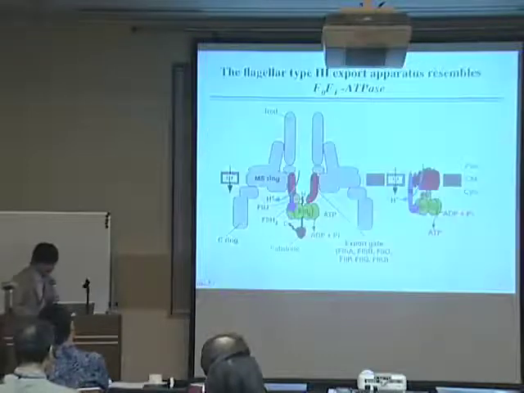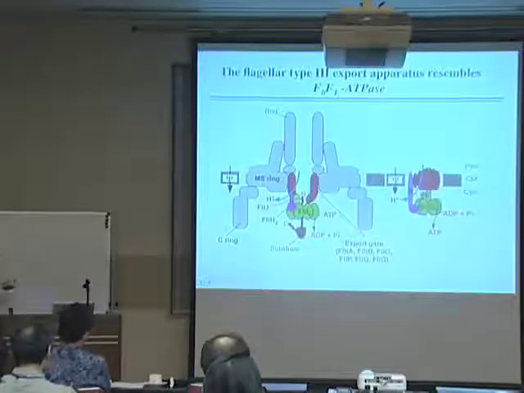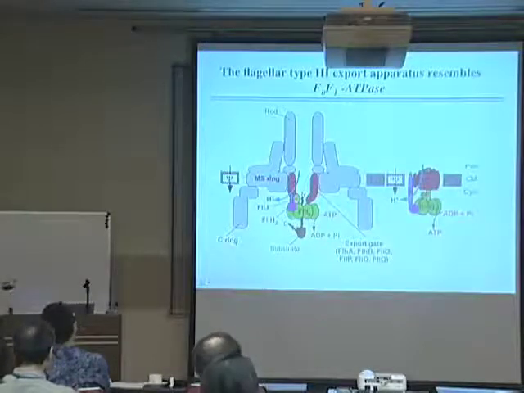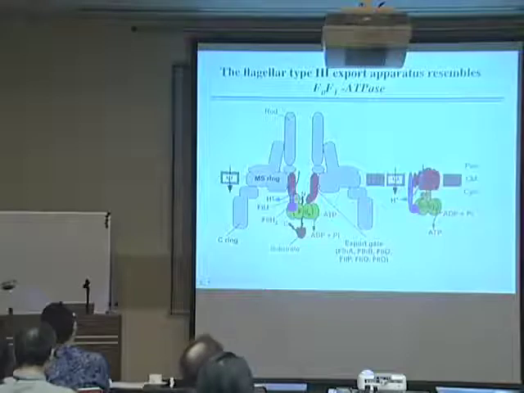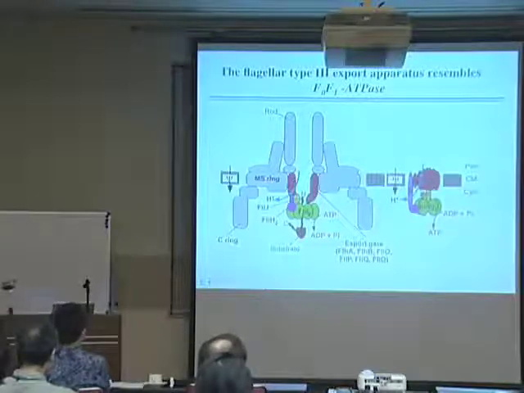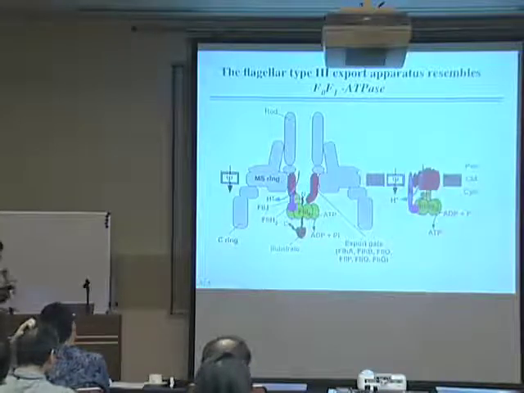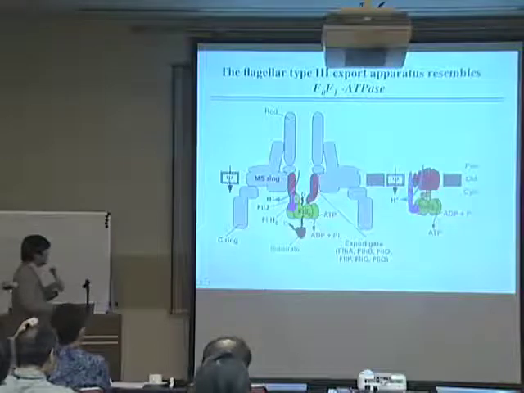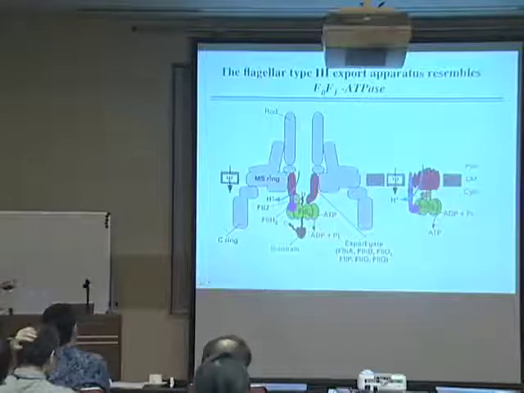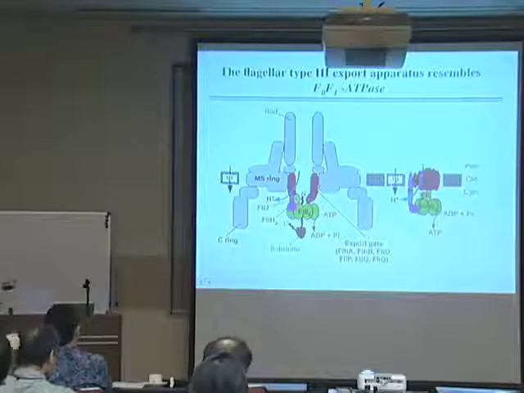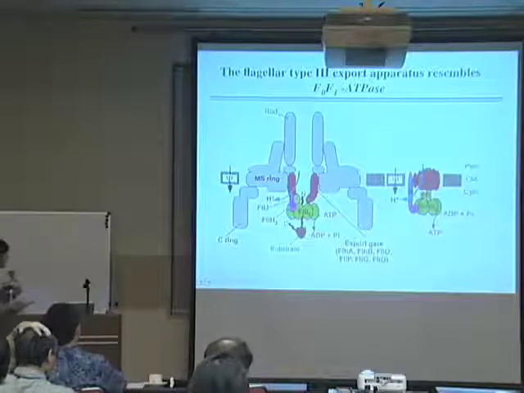So we found that this ATPase and FliJ form almost the same structure as F1 ATPase. And actually, there are some similar proteins between this system and this system. The proteins colored purple have a strong sequence similarity to this purple protein.